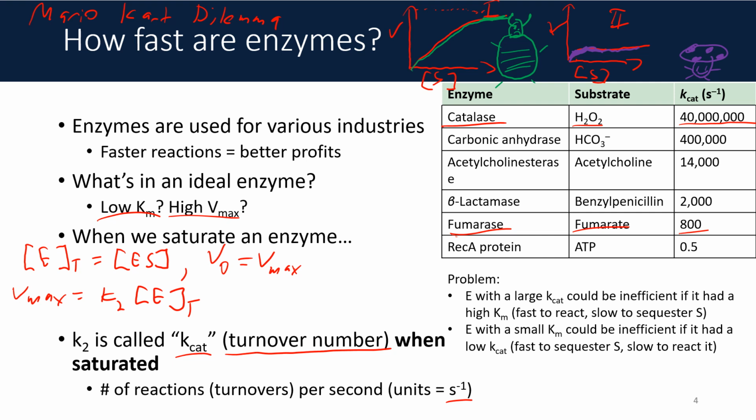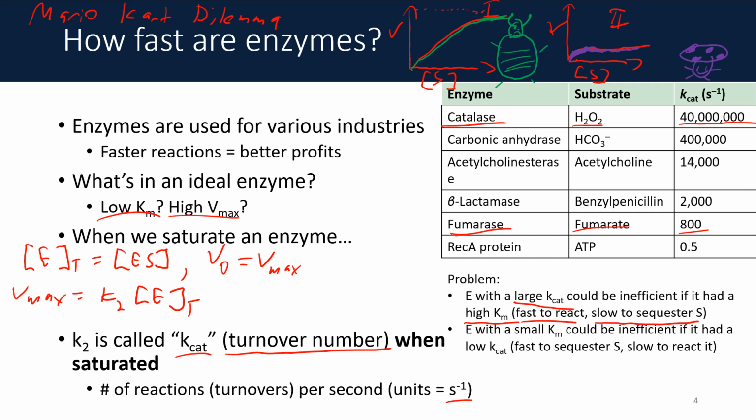If you have an enzyme with a very large kcat, it could still be inefficient if it also has a high Km. You can have them both be very large. And what this means is that, yes, it can spit out gajillions of substrates every second, but it's going to require lots of substrate to do so. It is slow to sequester substrate, but fast to react.